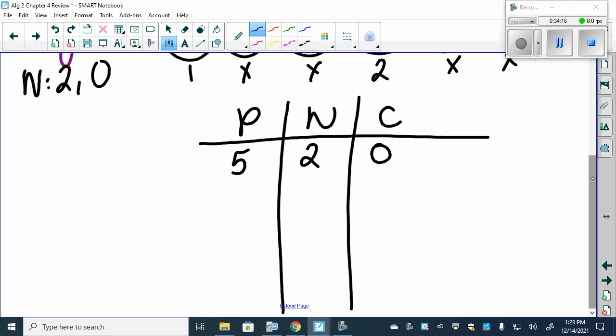Now I'm going to start decreasing the negatives till I can't anymore and keeping the number of positives the same. Because we can still have 5 positives, but if I subtract 2 from 2, I get 0. So we could have 5 positives, 0 negatives, and 2 complex.